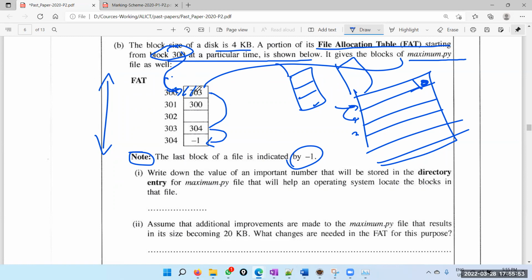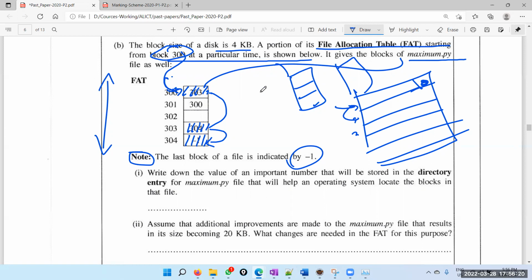And then the rest of the stuff is in 303. Then it says 304. Therefore, the rest of the stuff is in 304. There also the data is there. And block 304 says that is the end of it. You don't have to go to another place to search. If you are looking for something, you may have already found it. If not, it is not there. You don't have to go somewhere else.